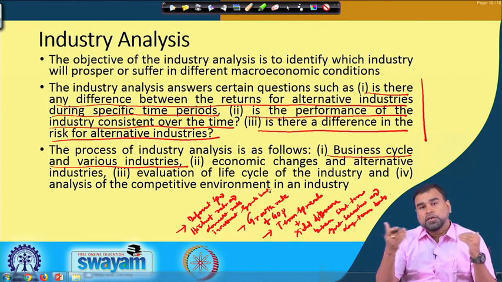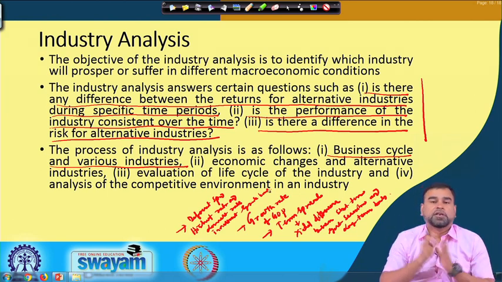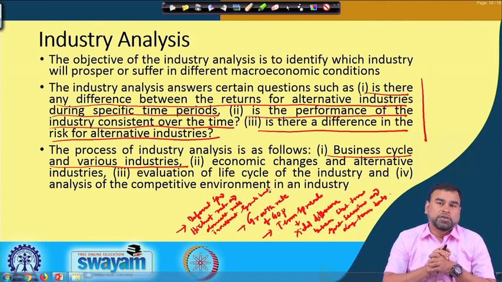So, these are the different questions that come to the industrial part, and those things have to be analyzed before choosing that particular industry whenever you go for investment in that sector.